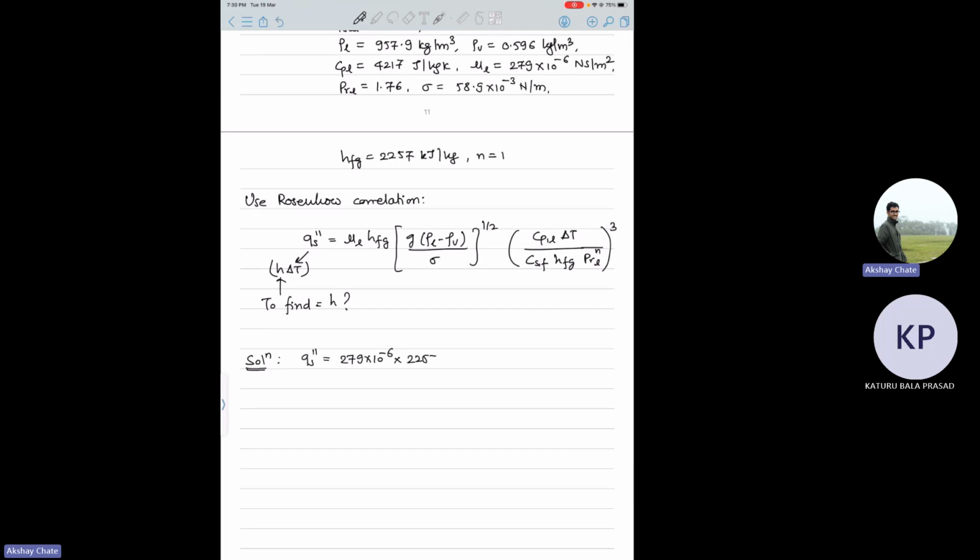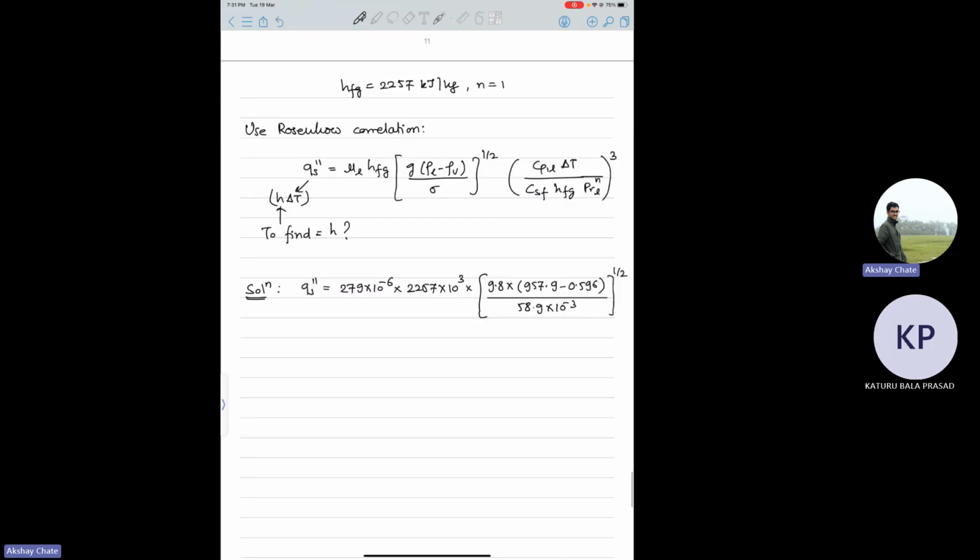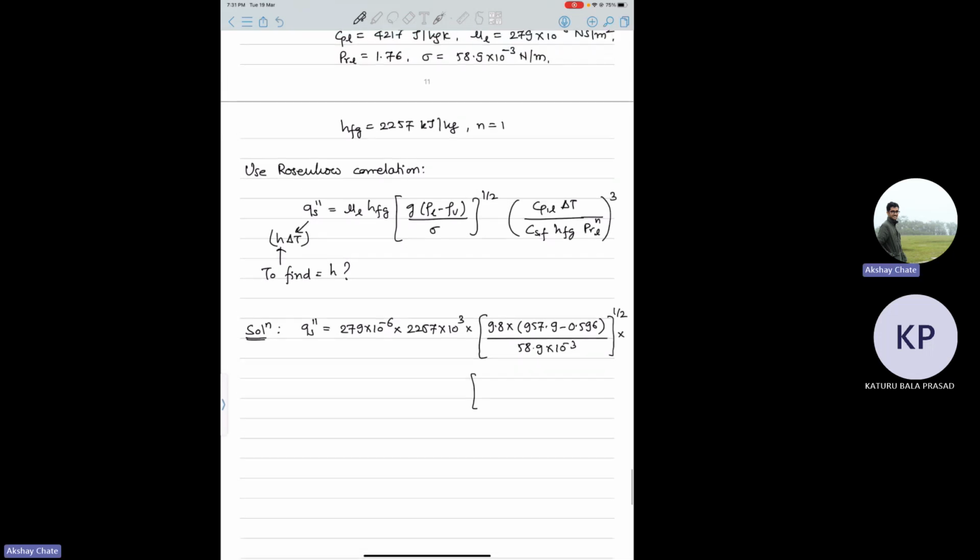HFG will be 2257 into 10 to the power 3. The bracket will have 9.8 into rho L minus rho V. So that will be 957.9 minus 0.596, divided by the surface tension coefficient. Whole thing is under the root, and you'll have another bracket for the Jacob number representative.